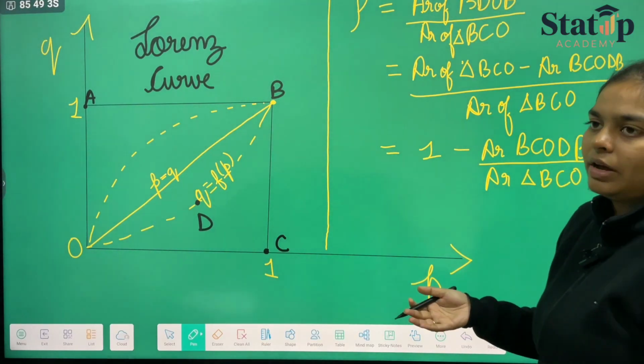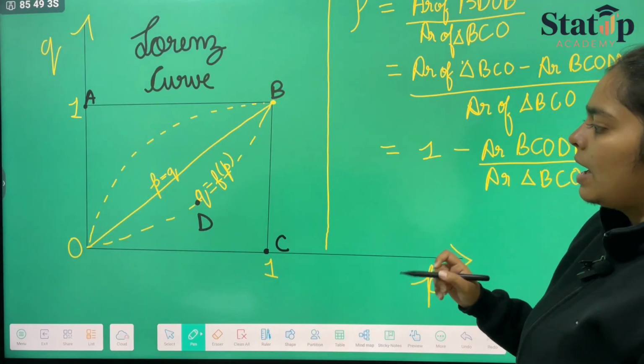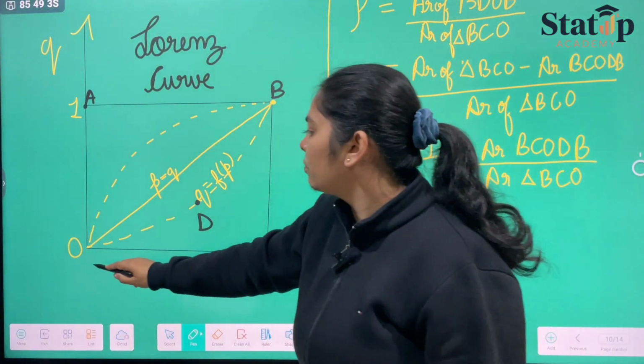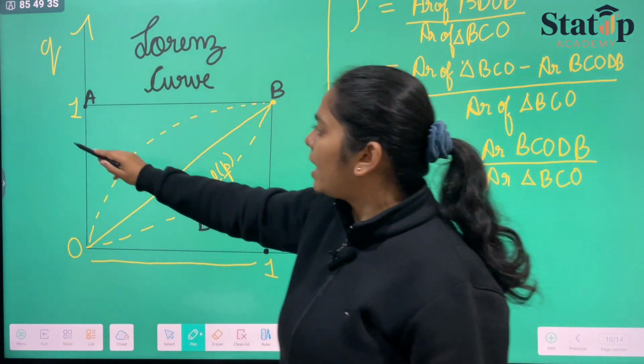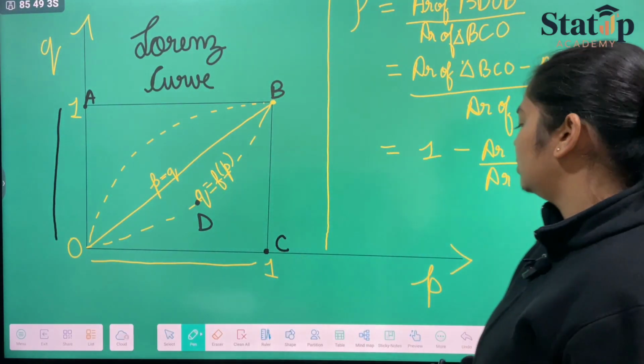Now the area of any triangle is half into base into height. Half into base, from 0 to 1 it is 1, and height, from 0 to 1 it is 1.